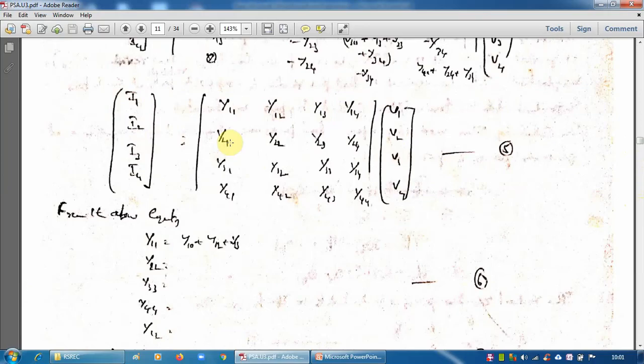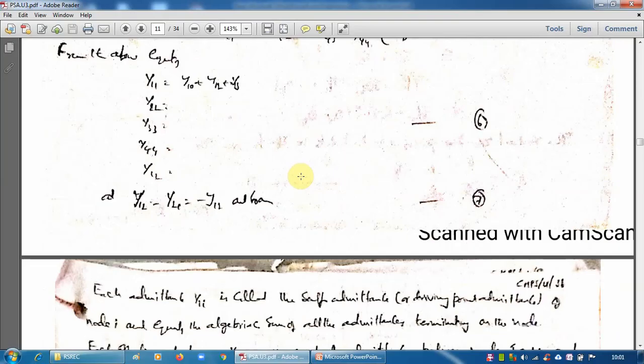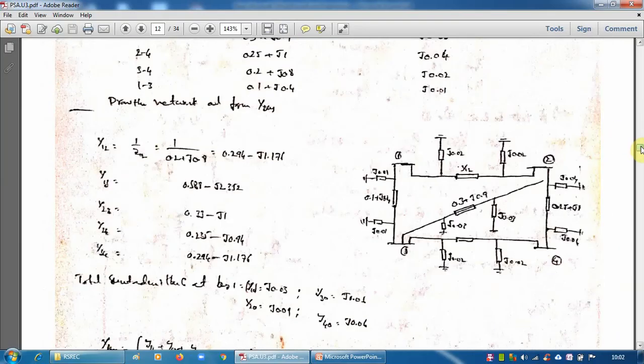Similarly I2 means Y21 V1, Y22 V2, Y23 V3, Y24 V4. In general, for any network, here we are having 4 currents. In general, how can I be written? Y1 V1 plus Y2 V2, so on. That is written here, you see.